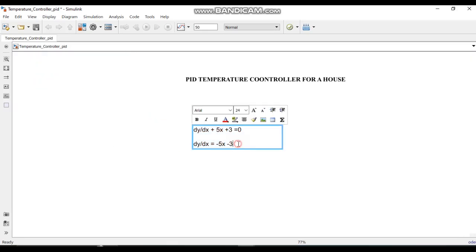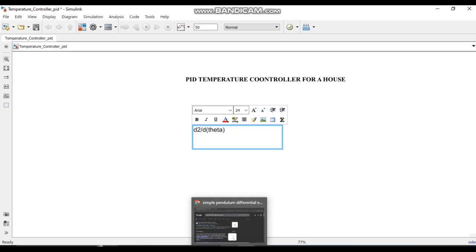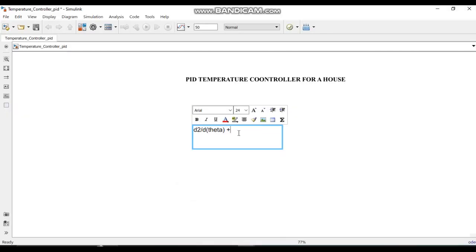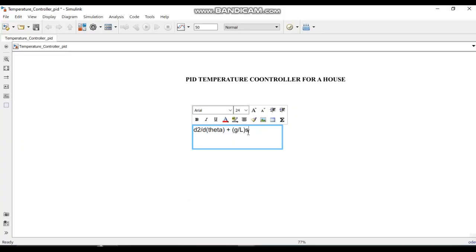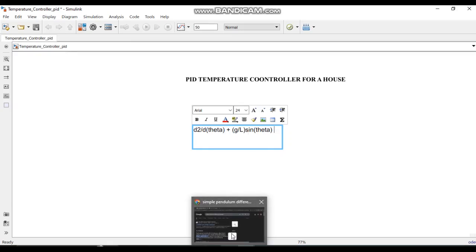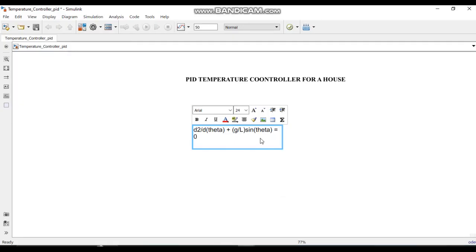So it's d squared theta over dt squared plus g over L sine theta equal to 0.